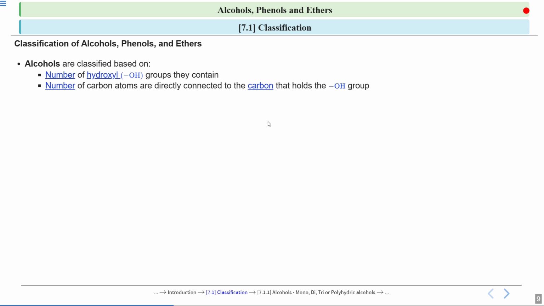So basically you can classify alcohols based on how many hydroxyl groups are present, and also on the basis of the number of carbons connected to the carbon attached to the hydroxyl group.